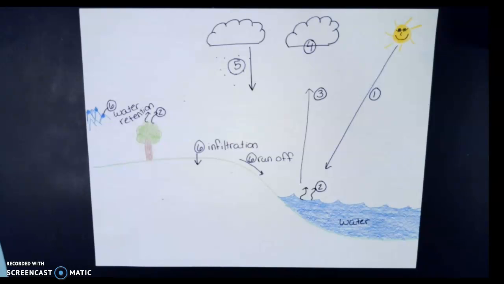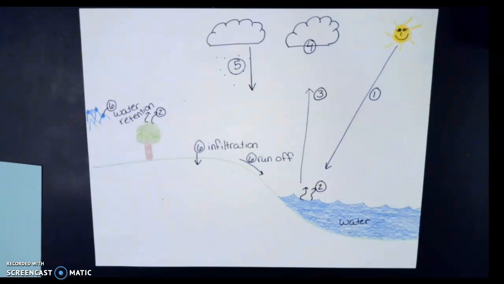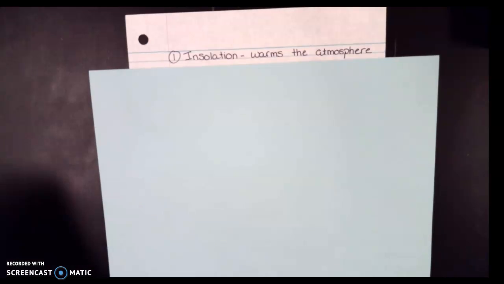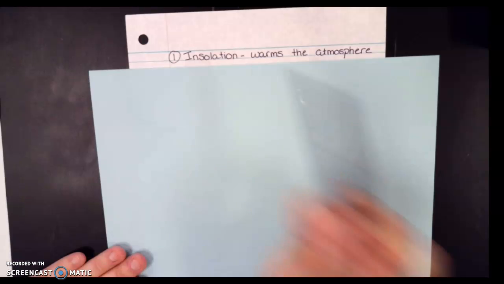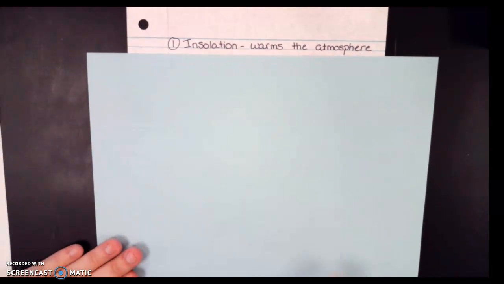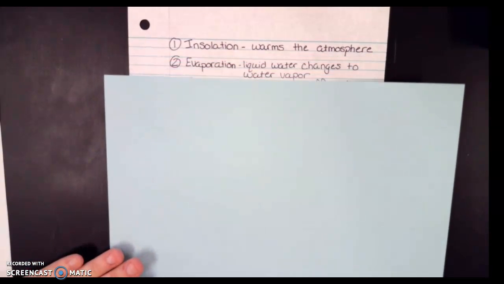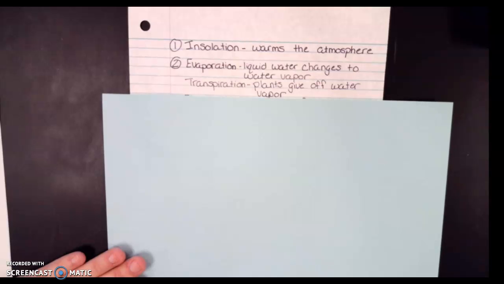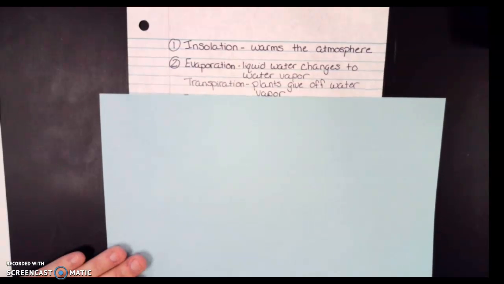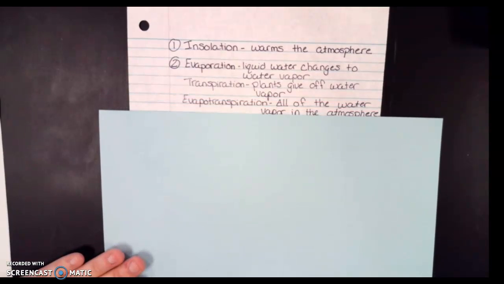So the next part is the water cycle explained. So insolation, incoming solar radiation, warms the atmosphere. Evaporation is where we have liquid water changing to water vapor. Don't forget we also have transpiration, which is where plants give off water vapor.